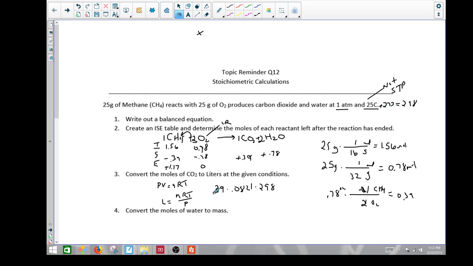That's where I got that from. Divided by the pressure, which is 1 atmosphere, which is 1. All right. 0.39 times 0.0821 times 298 divided by 1 equals 9.54.